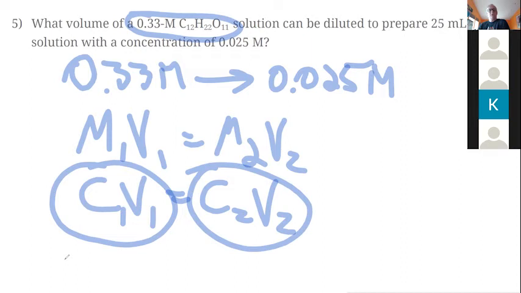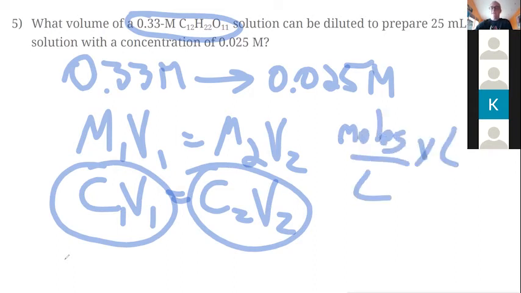More of the sucrose. It gives us what? Moles, exactly. It gives us the number of moles because concentration is in moles per liter. Volume is in liters. So on each side of the equation, it's going to be number of moles. That's why they're the same.